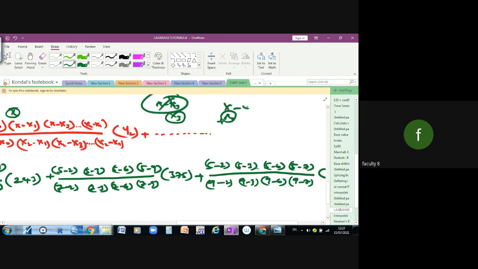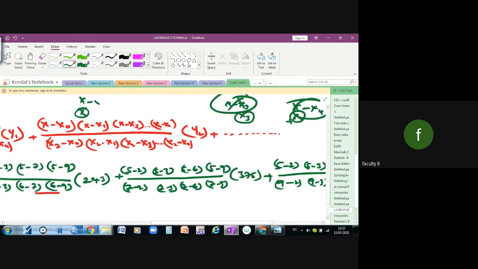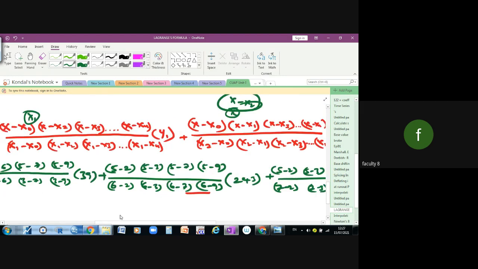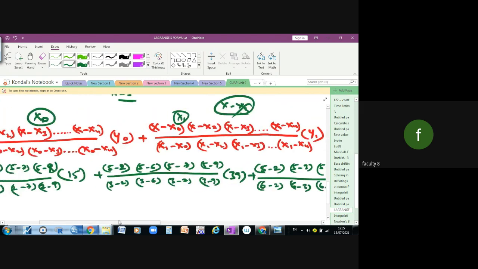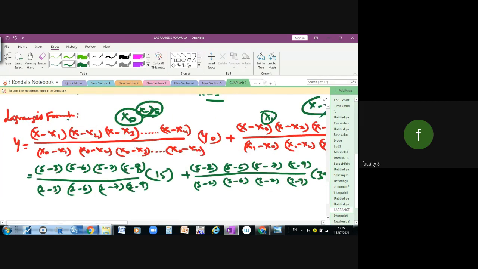Here x minus x4, we didn't take it. Here x minus x2, we didn't take it. Here x minus x1 we didn't take it. So here x minus x0 we didn't take it. So please remember this formula.